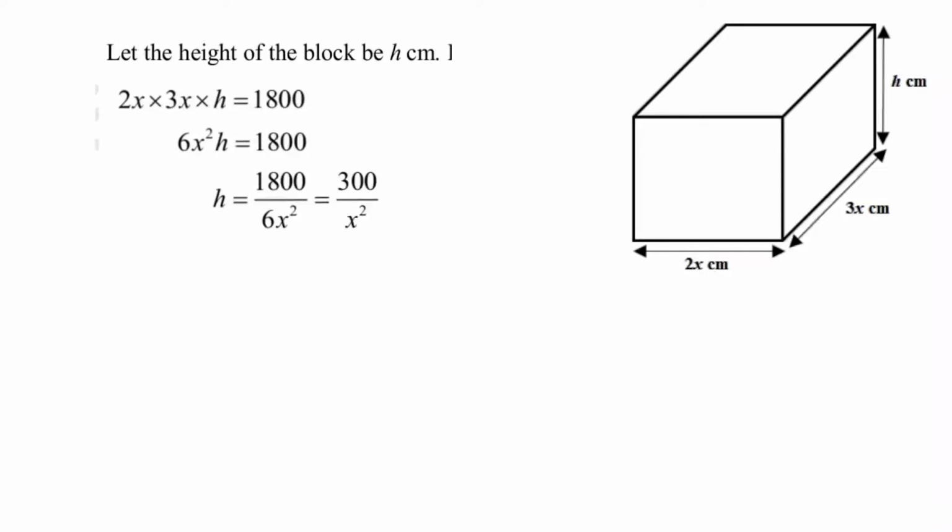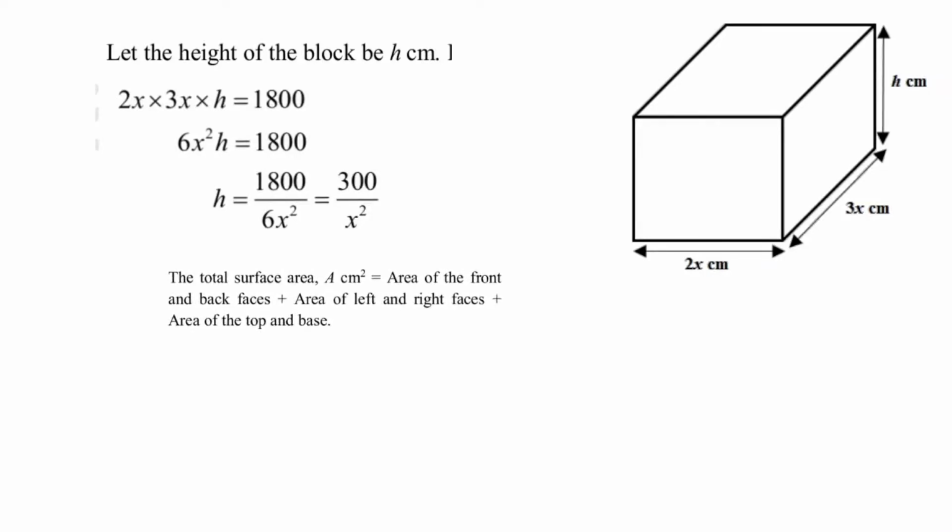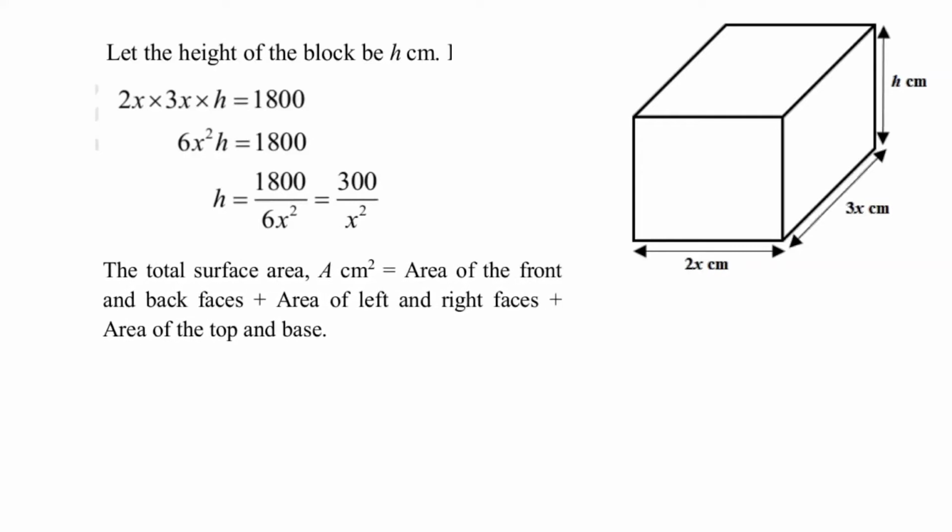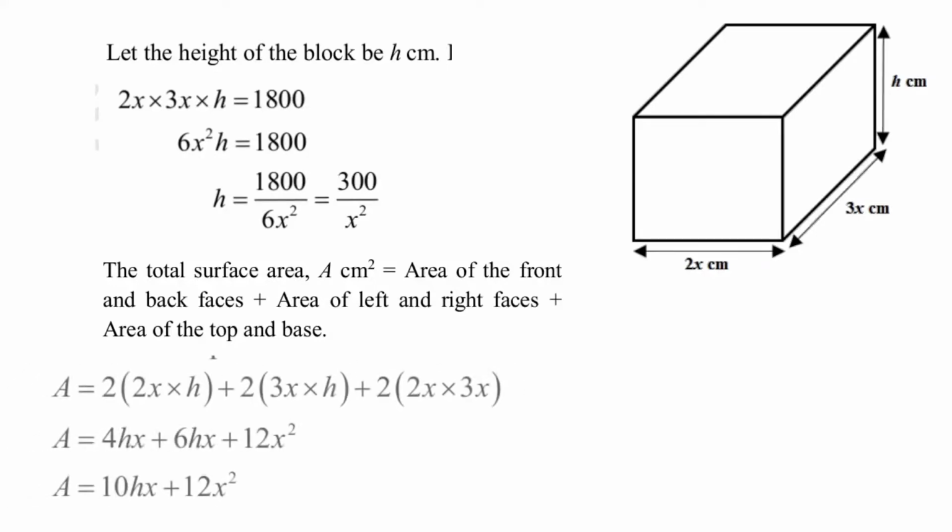Then we need to find the total surface area. So the formula to find the total surface area is A cm² equals area of the front and back faces plus area of left and right faces plus area of the top and the base.